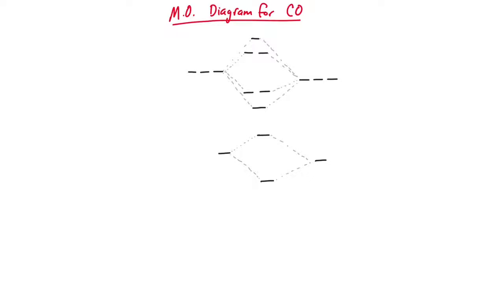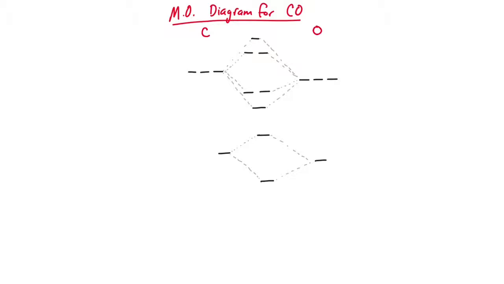The other thing that it does is it slightly skews the energy values, where the more electronegative atom tends to be a little bit lower in energy than the less electronegative atom. So on the right-hand side here, we're going to have oxygen, and on the left-hand side, we're going to have carbon.